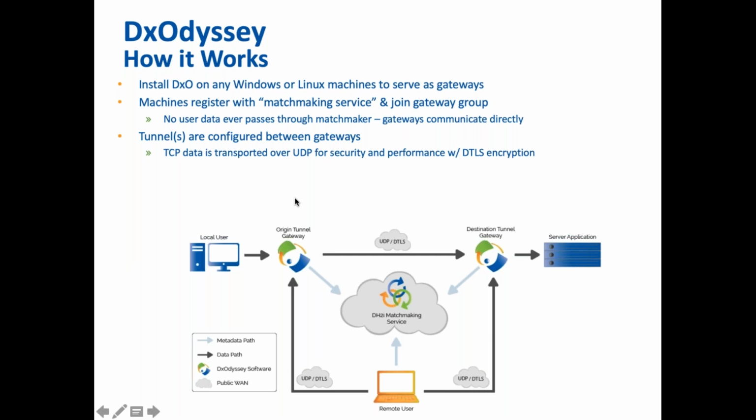And it is more highly performant because UDP is by its nature a more highly performant protocol. And as everything should be, it is fully encrypted in transit using DTLS.